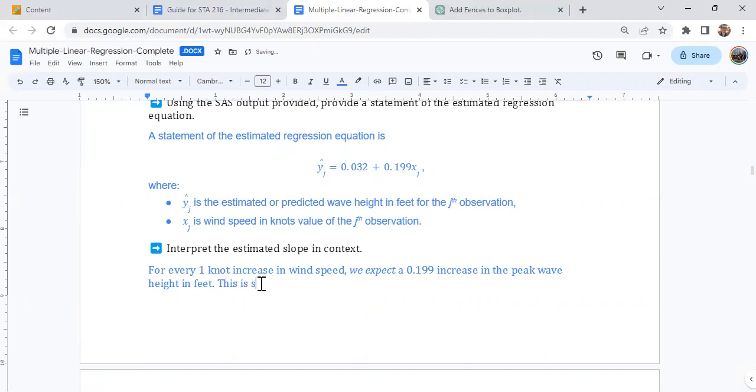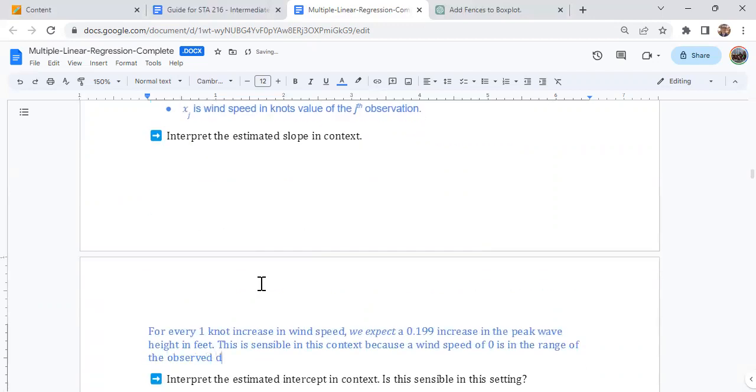So this is sensible in this context because a wind speed of 0 is in the range of the observed data set, and a wind speed being 0 in general is a possibility.